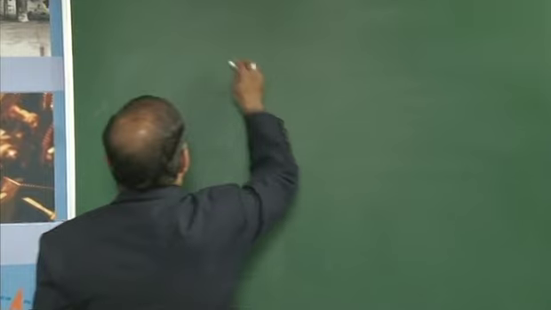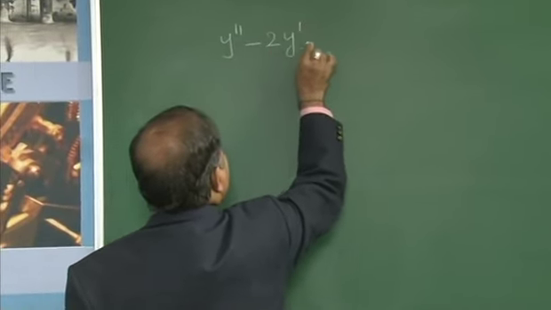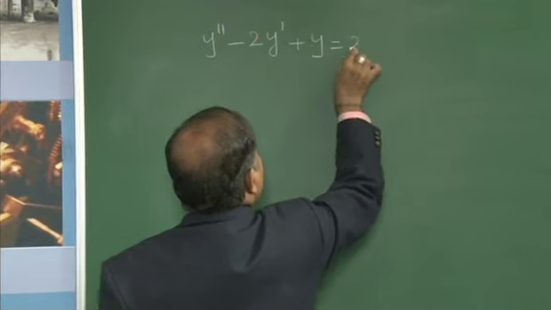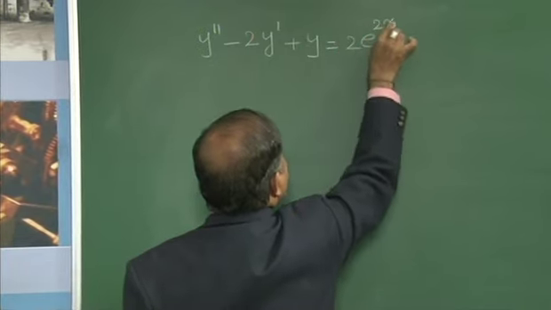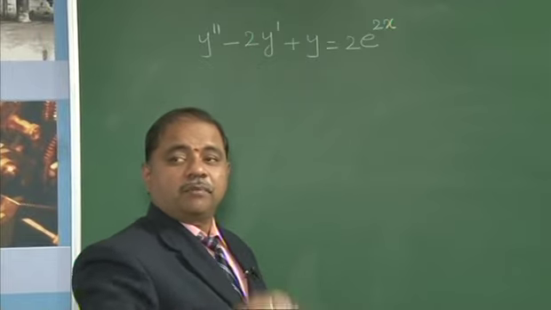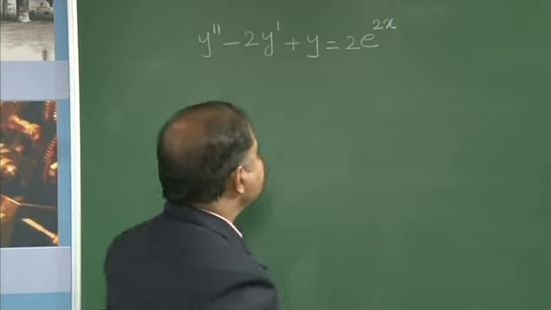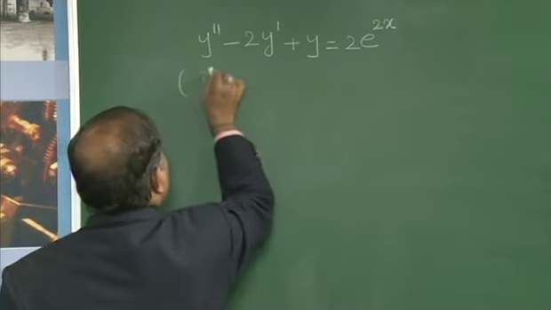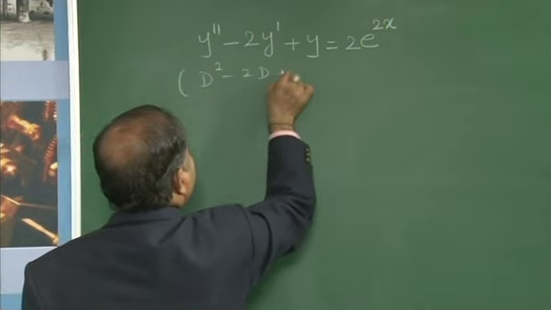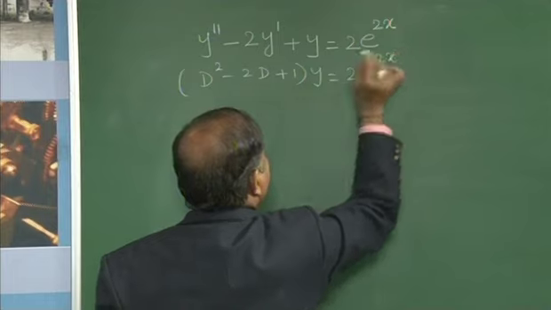Now what we have seen is unequal roots. Suppose I have y'' − 2y' + y = 2e^(2x), of the form k e^(ax). The 2 need not be the same, we have just taken it. (D² − 2D + 1)y = 2e^(2x).